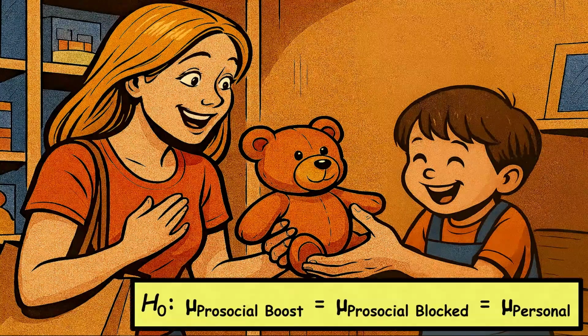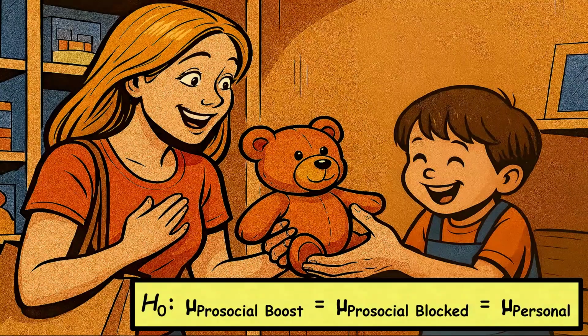The null hypothesis is that the average well-being in the population of prosocial boost individuals equals the population mean well-being in the prosocial blocked population, which equals the average subjective well-being in the personal giving population.